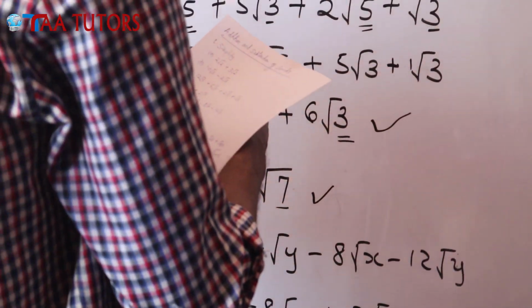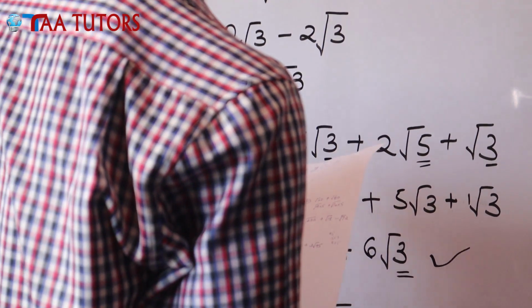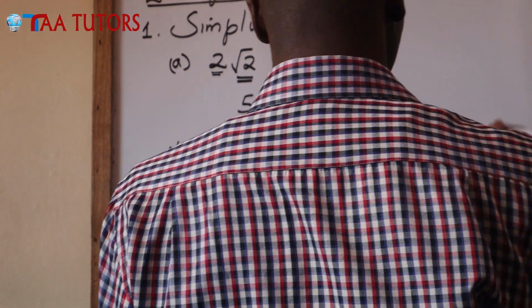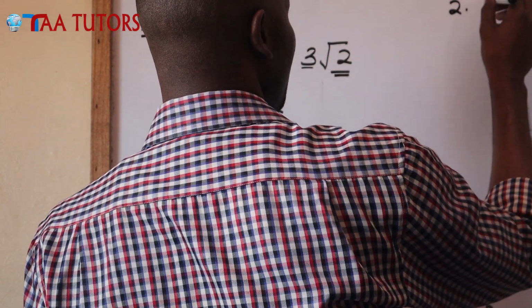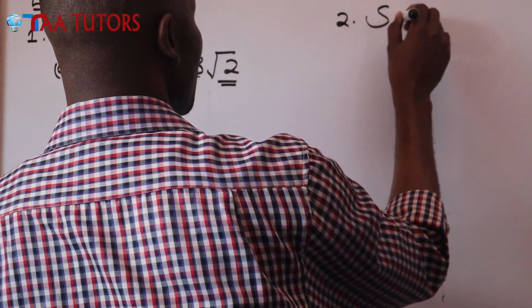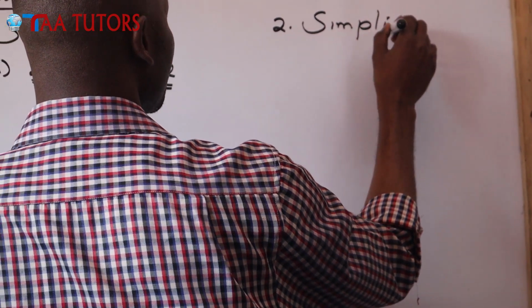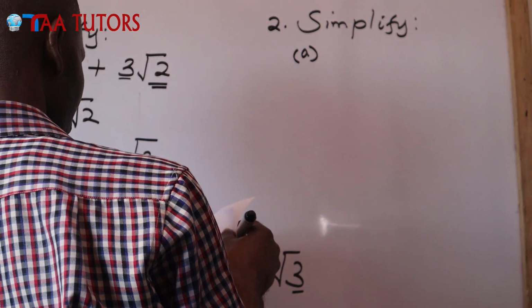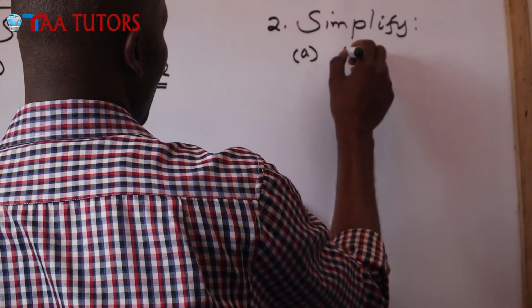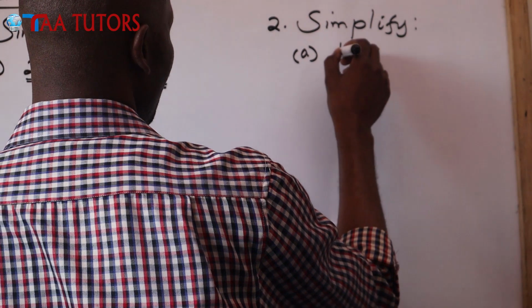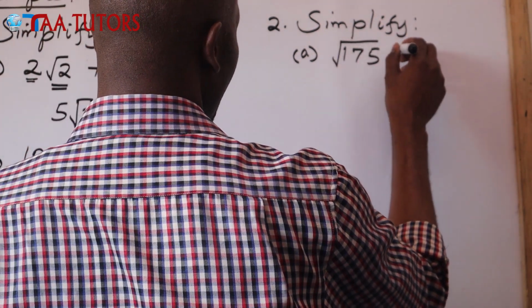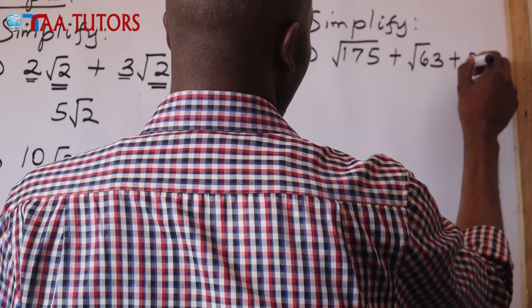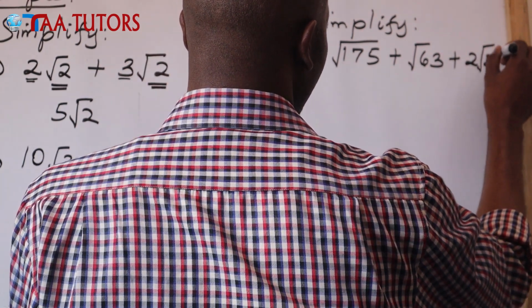I want us to go to number 2, which is also simplify. So example 2 will still be simplify, and in this case part A of the question is surd 175 plus surd 63 plus 2 surd 28.